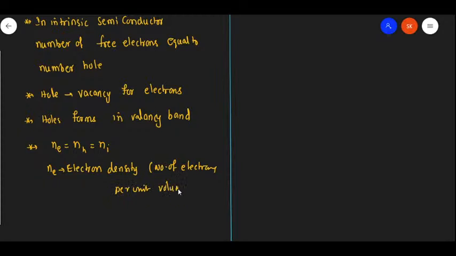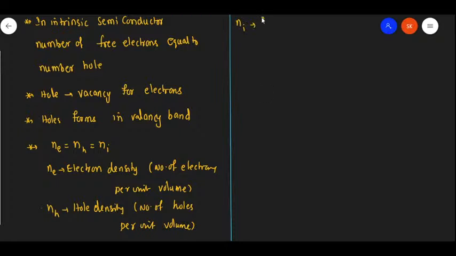And nh means hole density, the number of holes per unit volume. But actually the electrons and holes are the same number in the intrinsic semiconductor, right?